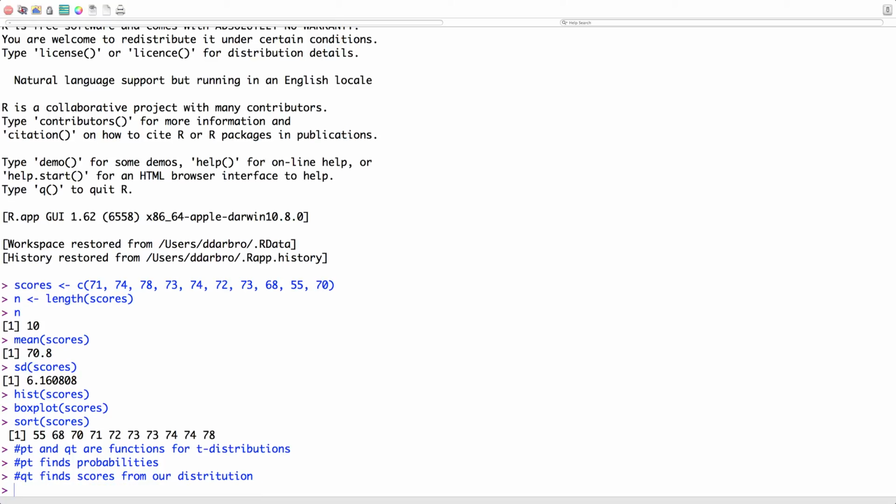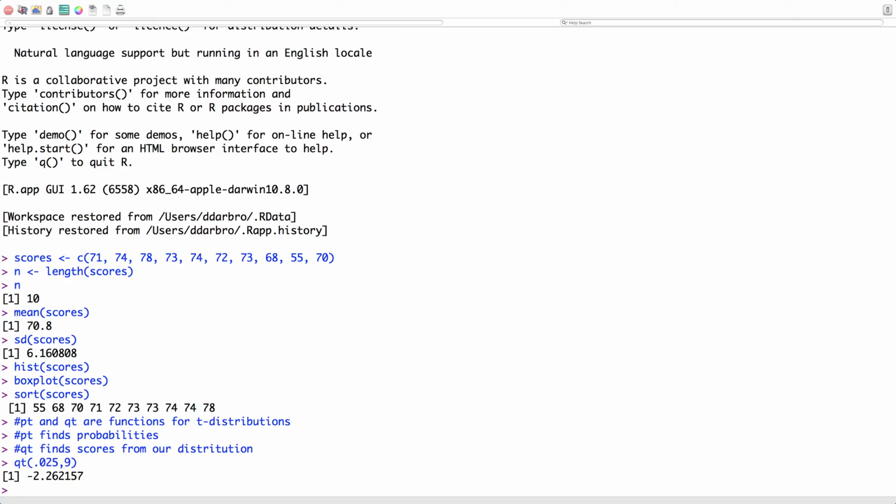So what we want to do is find the score from the distribution that has 2.5% of the scores below it, with degrees of freedom 9. Notice in QT you're asked to put in two things. The first is the percent below, and the next is the degrees of freedom.